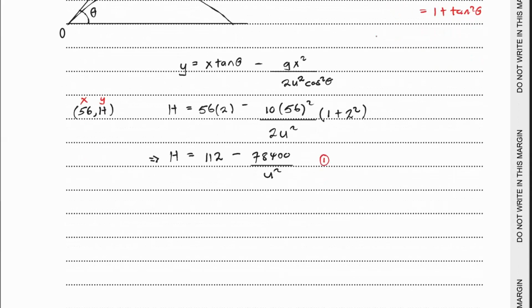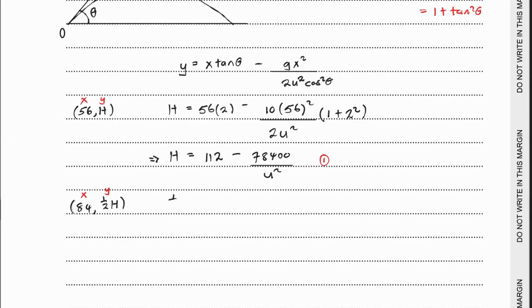Next, I'm going to substitute the other point, which is (84, half h). I'll say this is my x value and this is my y value.